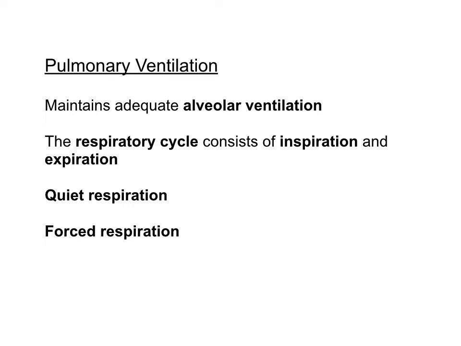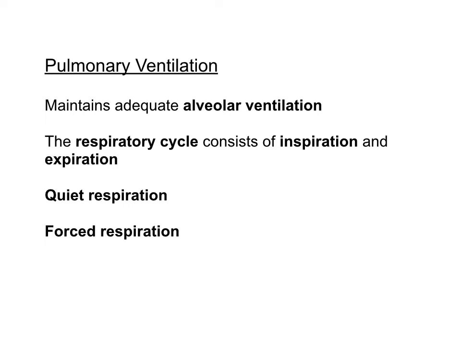Now, when you start thinking about pulmonary ventilation, you're going to start hearing this term respiratory cycle. A respiratory cycle consists of one inspiration, which is also referred to as inhalation, followed by one expiration, which is also referred to as exhalation.